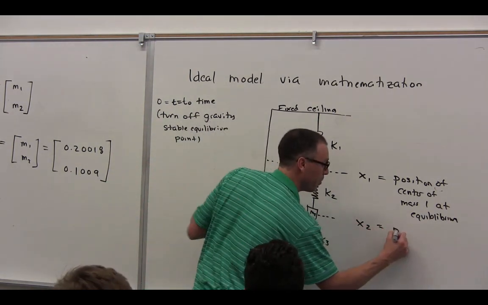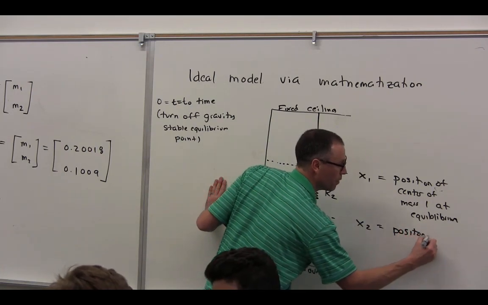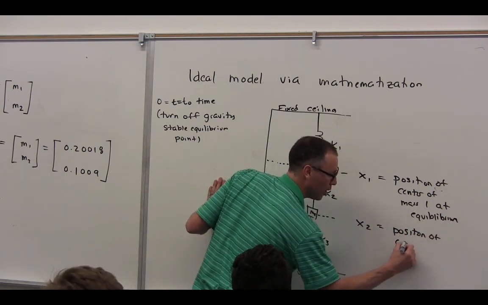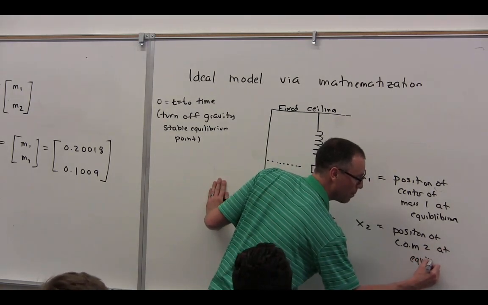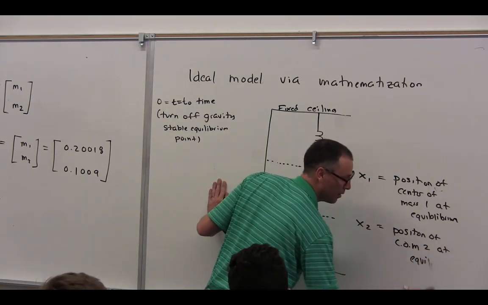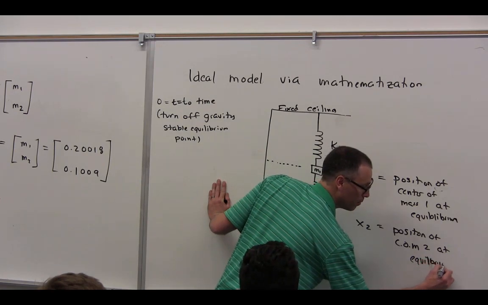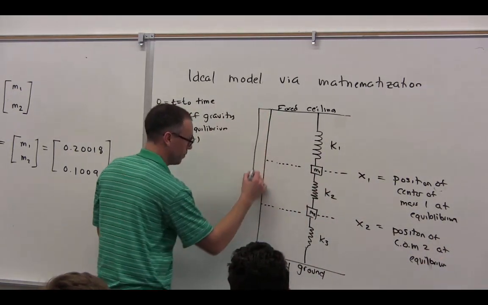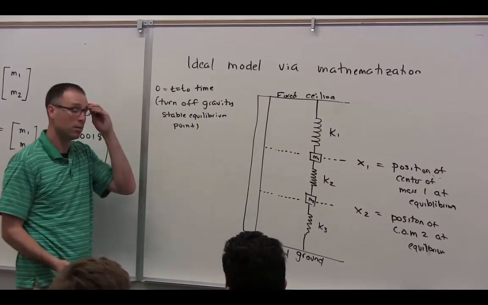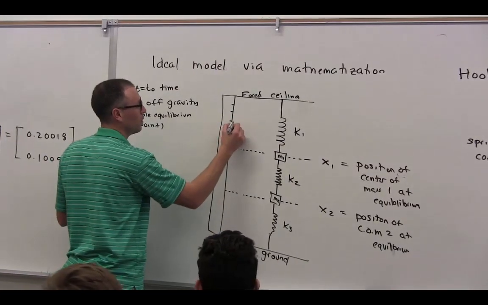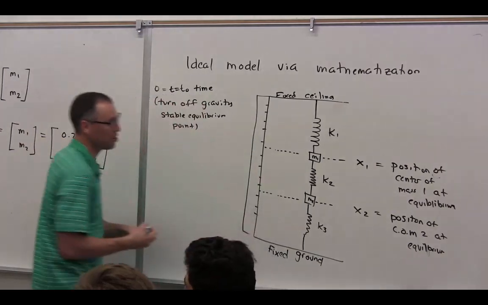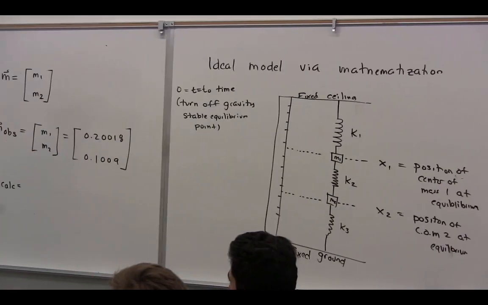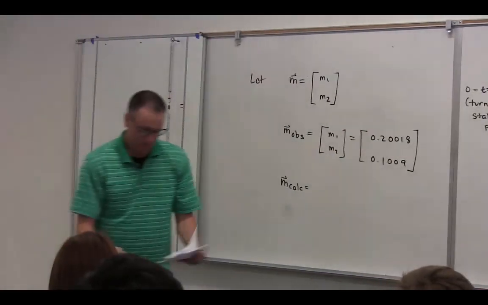Yeah, so this is the position of center of mass 2 at equilibrium. The moment I write position, what does that imply immediately? I have a ruler. Do I have a ruler on that thing? Yeah, so that I can actually measure positions, right?